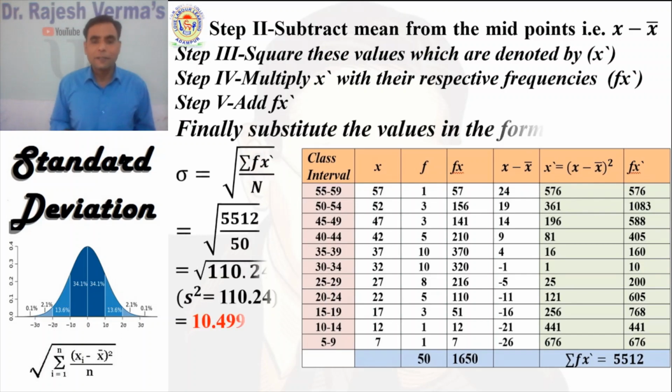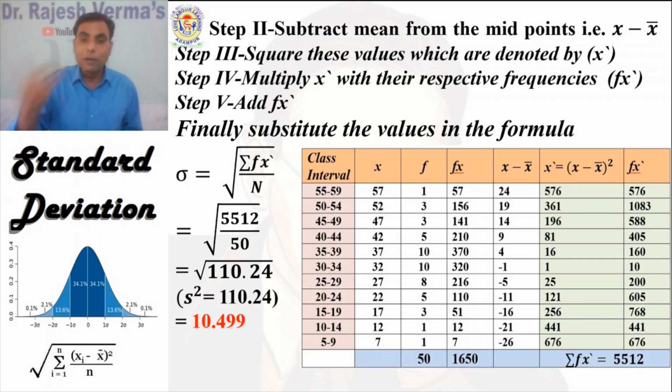So summation fx dash is equal to 5512, and after that put it in the formula. The formula is equivalent to the mean because it's a specific average. So divide this summation fx, the sum of the product of frequency and x dash, that is 5512, by the total of the frequencies, that is 5512 divided by 50, and you will get 110.24.